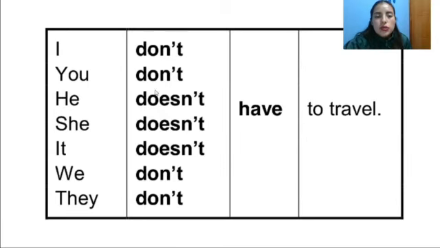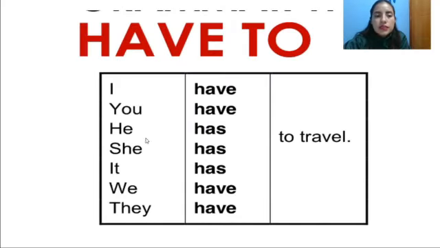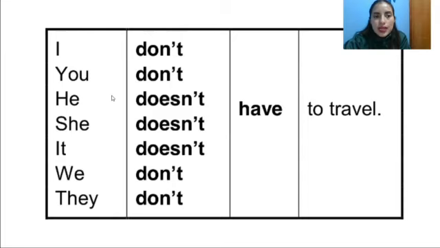Recuerde, when you use an auxiliar, the verb you have to write in the base form. Recuerde que cuando nosotros ocupamos un auxiliar, el verbo lo escribimos en su forma base. Por ejemplo, en afirmativa, ocupamos he has, she has, it has. Pero en la negativa, doesn't have. She doesn't have. It doesn't have. Como tenemos un auxiliar, el verbo se pone en la forma base.